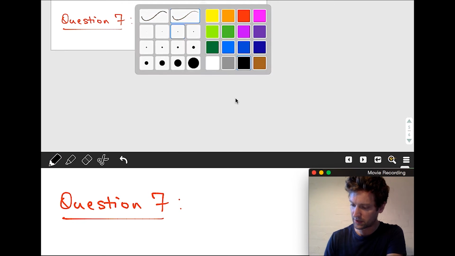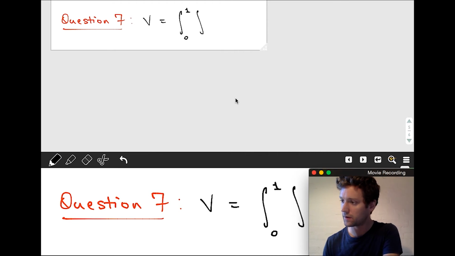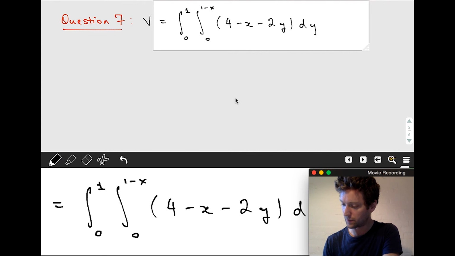And write down what the integral is we're solving. We're calculating the volume. Integral from 0 to 1, integral from 0 to 1 minus x of 4 minus x minus 2y dy dx.